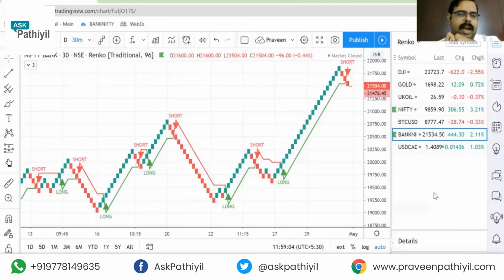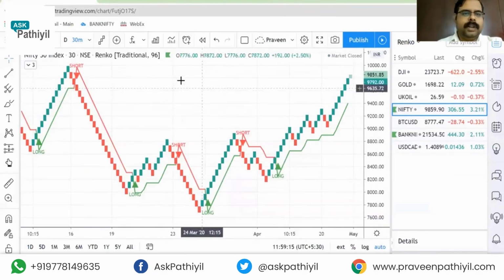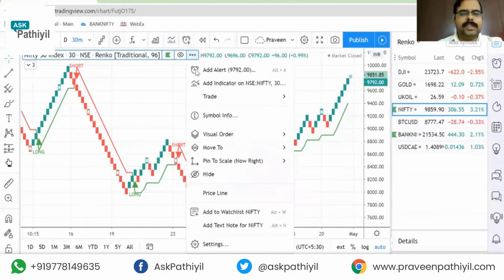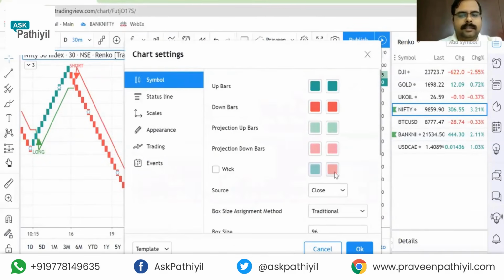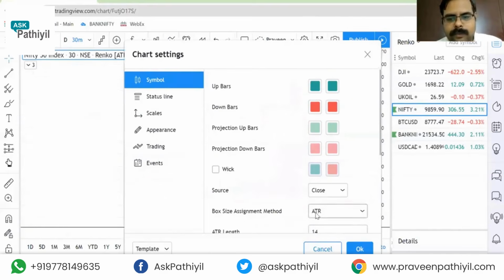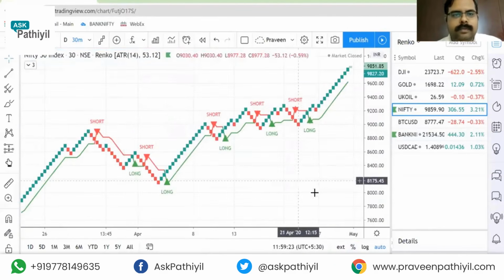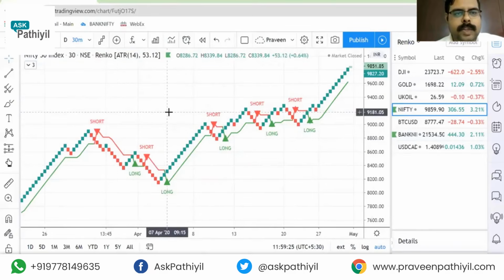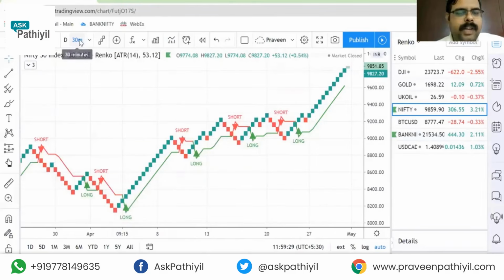Say suppose I'm saying that in Indian Nifty, I can't take a risk more than 50 points. So what I do, go to the Nifty chart, need to find out which time frame that 50 points come in. It's a 30 minutes chart. 30 minutes chart has ATR 14 of 50 points.